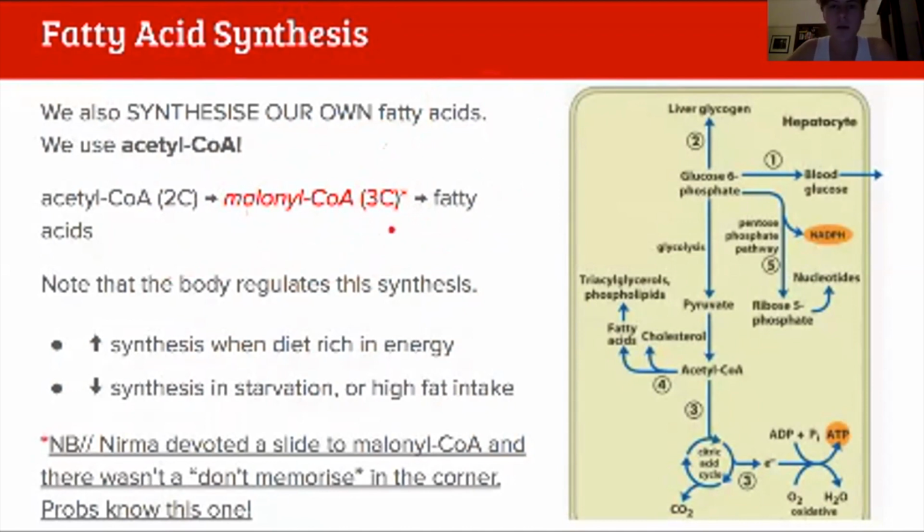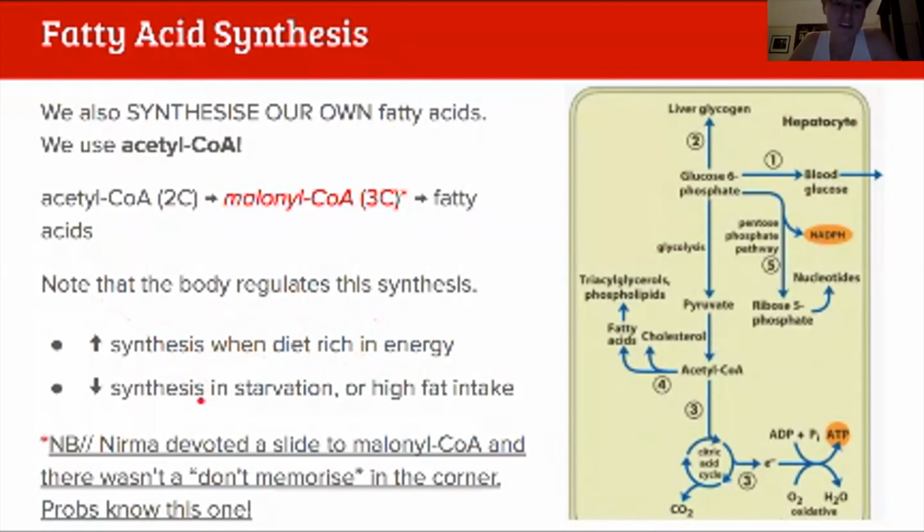Now, a common pattern you'll find in biochemistry is that when we have anabolic reactions like this, reactions that are building things that are using energy, we can only do them when we have a diet that is rich in energy, because then there's lots of energy available to use for this storage, okay? So if we have a diet rich in energy, then we're going to produce more fatty acids and more fats.